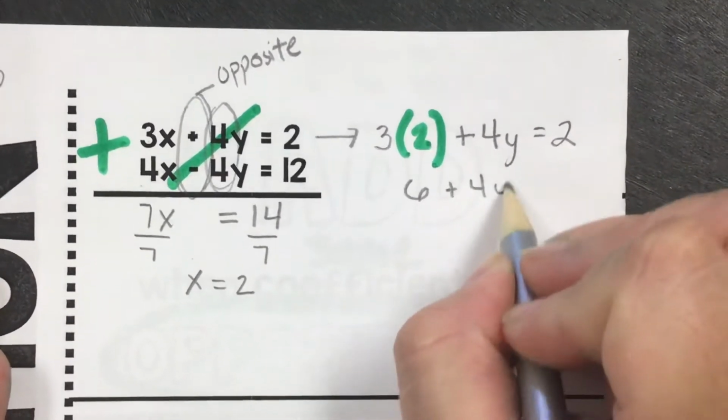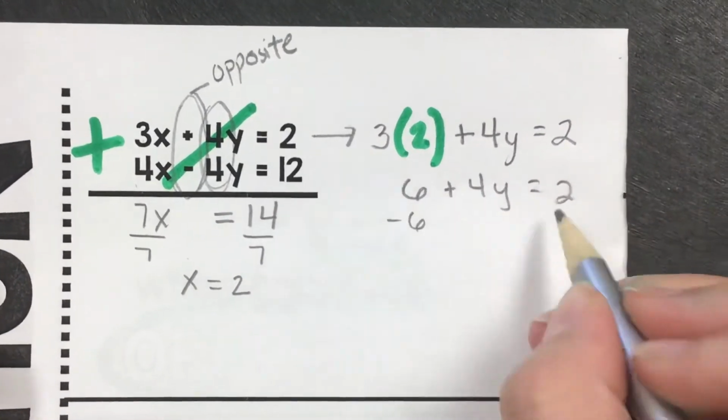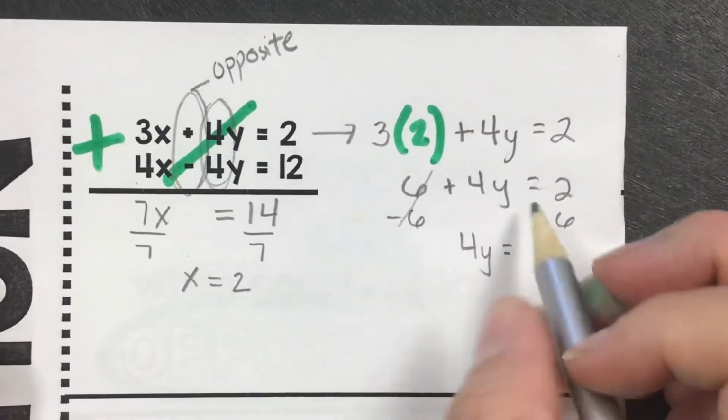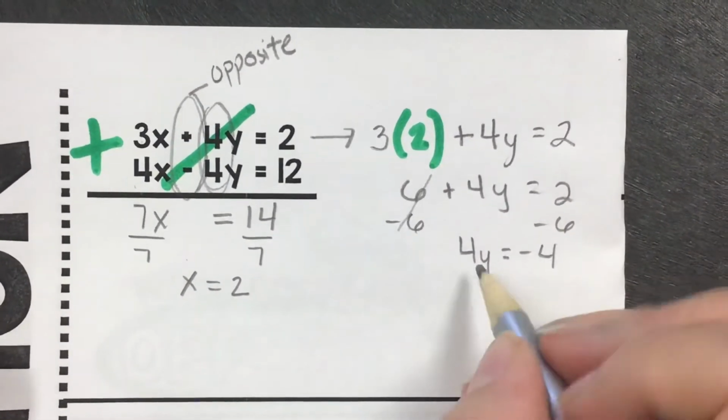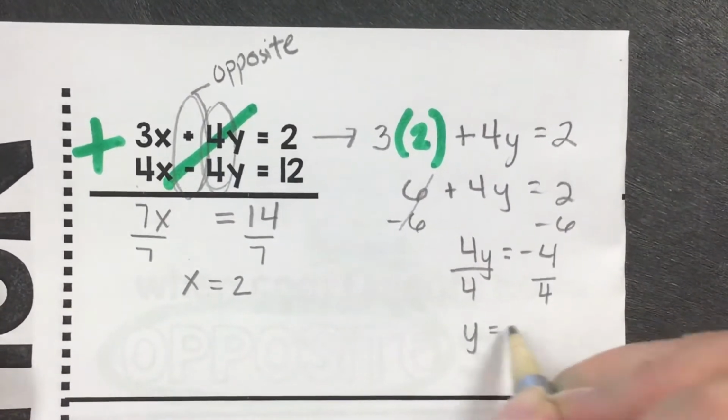Plus 4y is equal to 2. Minus 6 from both sides. 4y is equal to negative 4. Then we're going to divide by 4. y is equal to negative 1.